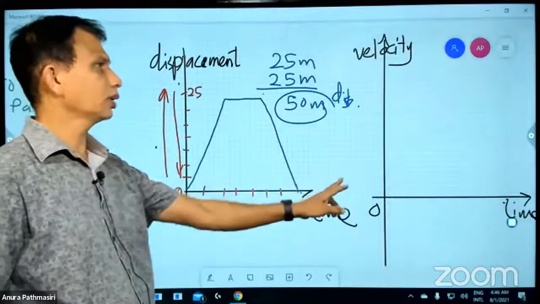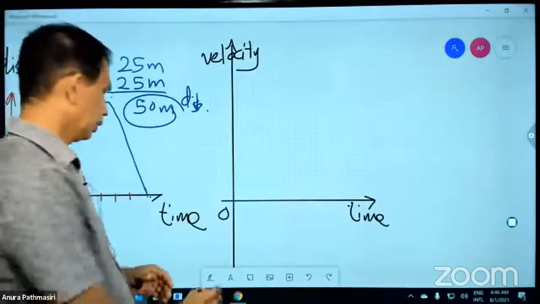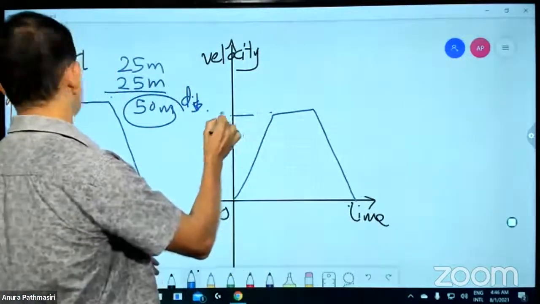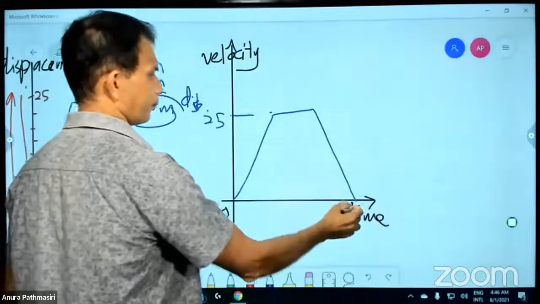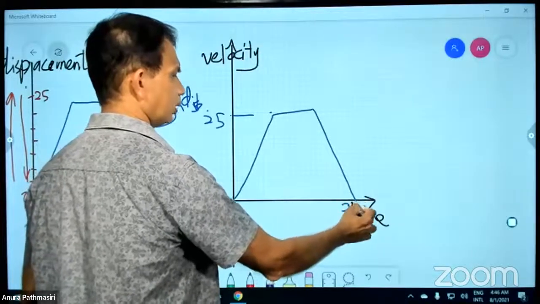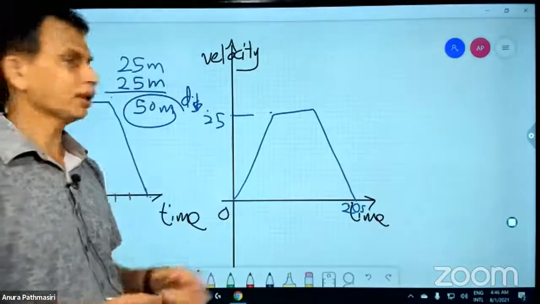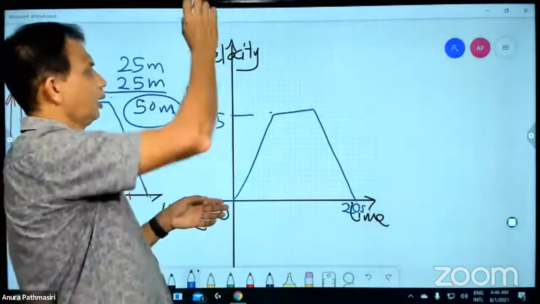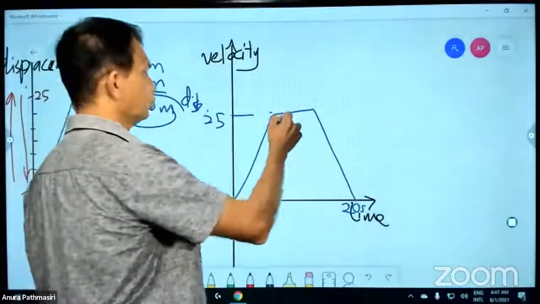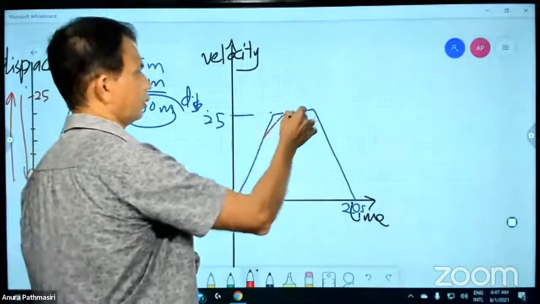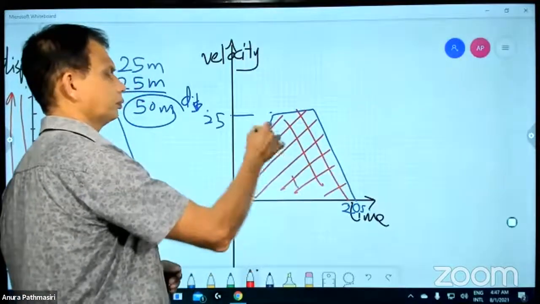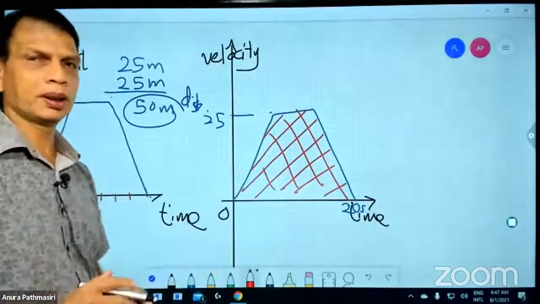But when you consider a velocity time graph and the motion is the same, move, come back, and this is 25 and a certain time, let's consider this is 20 seconds. Now you can't find the displacement by going up and down. That's different. From here, if you want to find the displacement, you have to find the area depicted by the graph.